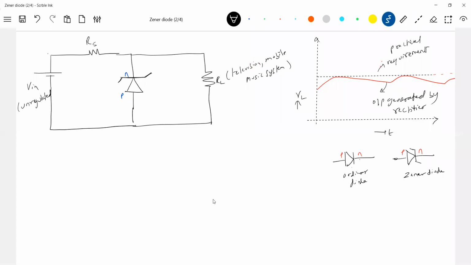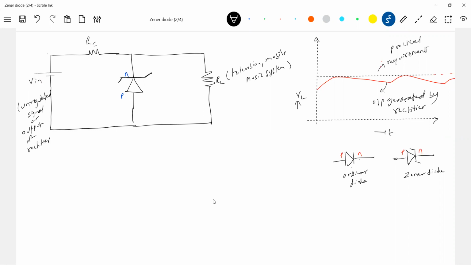This one, this is a load. This is unregulated. So unregulated, from where it is coming? Output generated by rectifier is unregulated voltage, or this is unregulated signal or output of rectifier. Have this much of background.